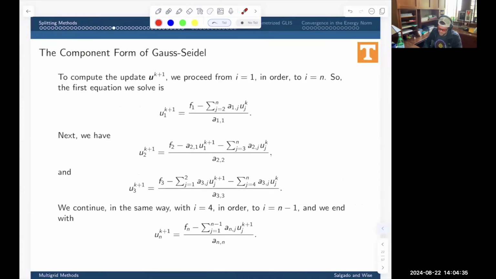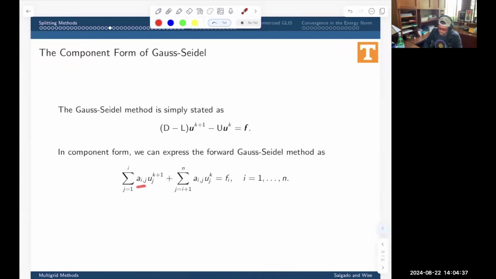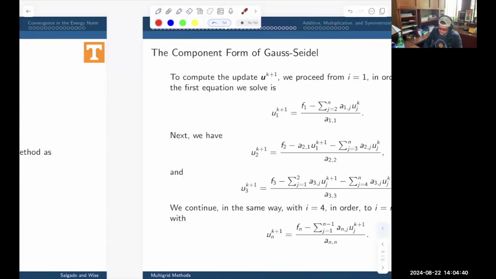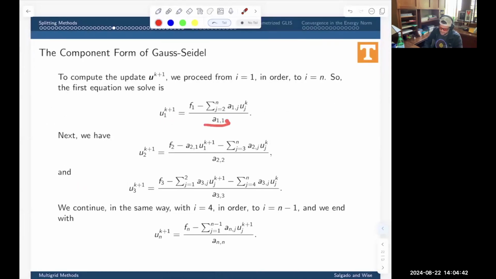That's A11 times U1, just this term here, except I've thrown the A11 to the other side. There's only one unknown term, U1 at K plus 1, so I can explicitly solve for that. There's no K plus 1 over on this side at all. Great, so I've got that first component.